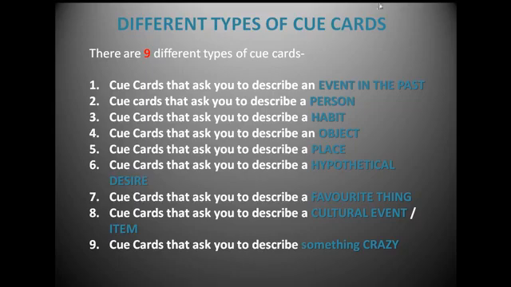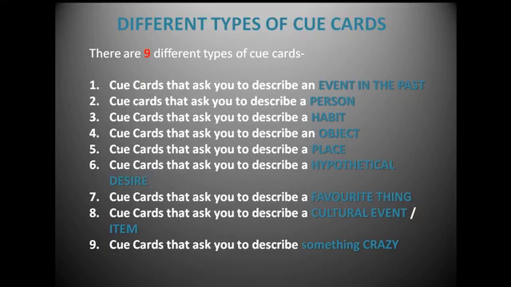The first category is the cue cards that ask you to describe an event in the past. The next category is the cue cards that ask you to describe a person. Okay, moving next, the cue cards that ask you to describe a habit. Then the cue cards that ask you to describe an object.